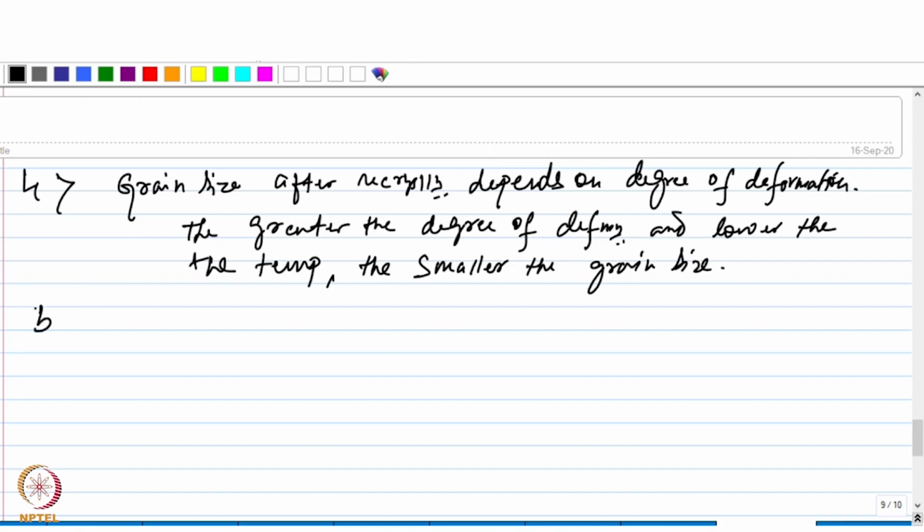The fifth rule says the larger the original grain size, the greater the amount of cold work required to produce an equivalent recrystallization temperature. So it also depends on the initial grain size.